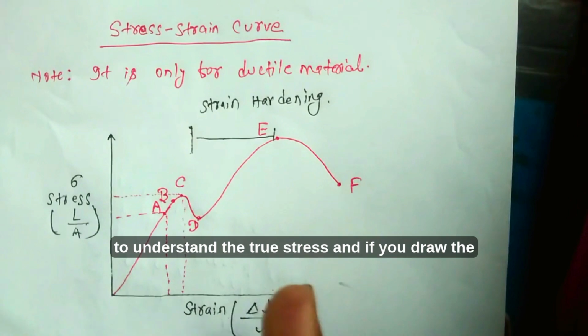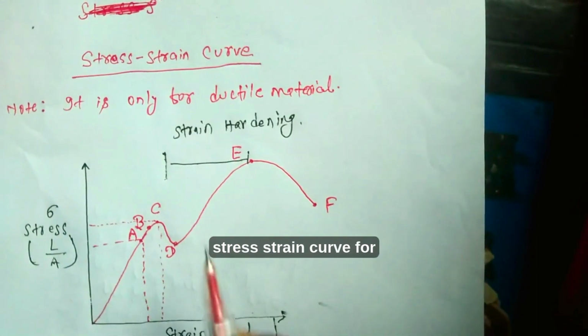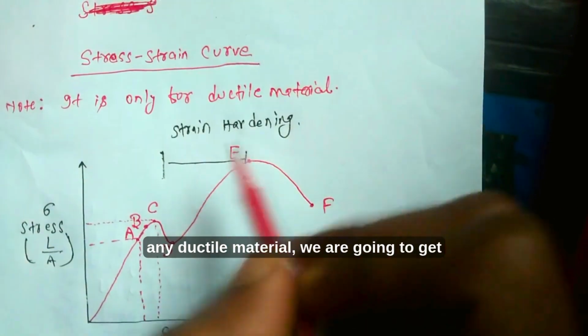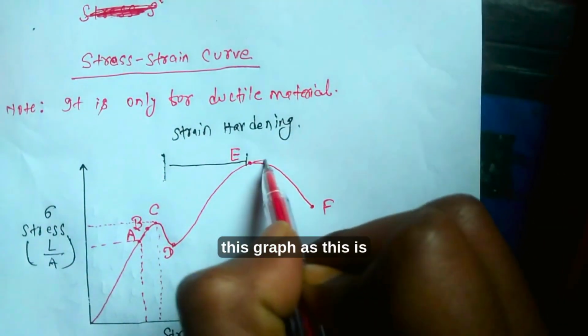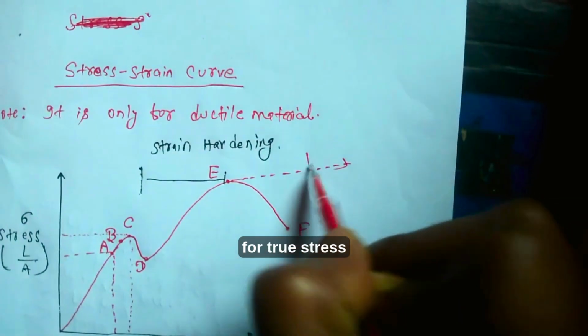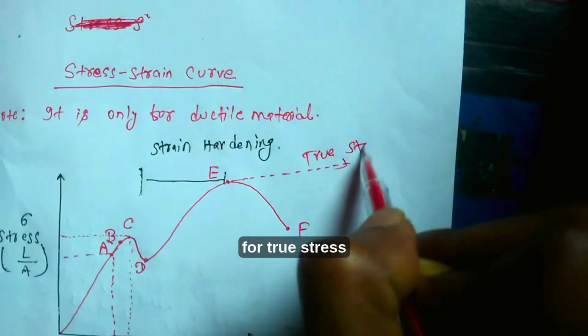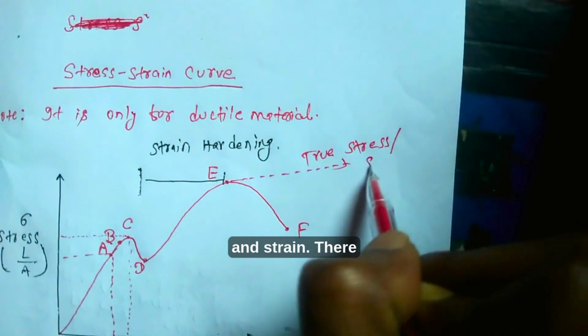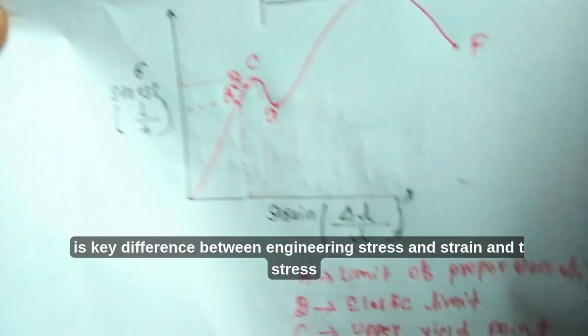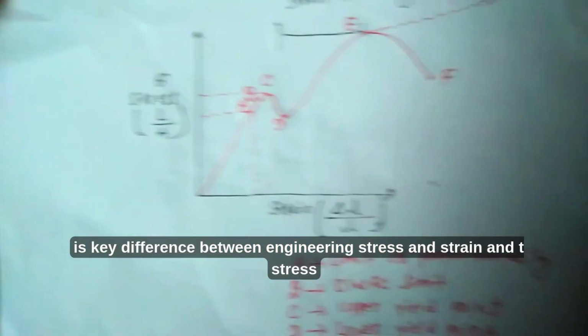If you draw the true stress strain curve for any ductile material, we are going to get this graph. This is for true stress and strain.